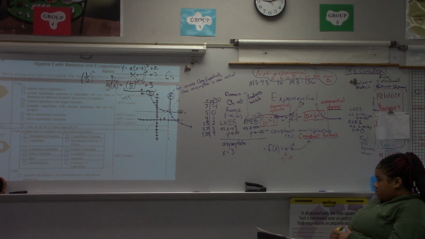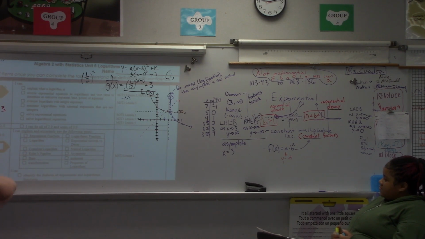Why 3? Because 2 to the third is 8. What is a logarithm? It is simply an exponent.